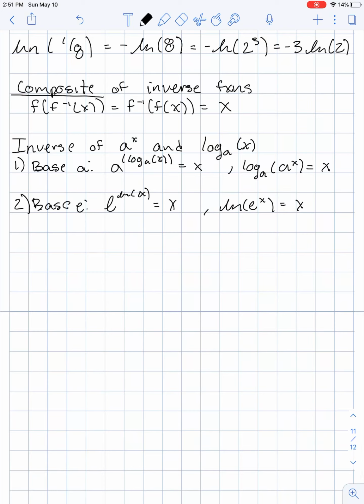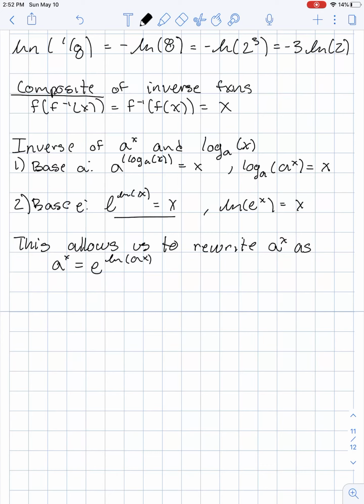So this also allows us to rewrite a to the x as a function with e to the x in it. So what I mean by that is a to the x is going to equal e to the ln of a to the x.